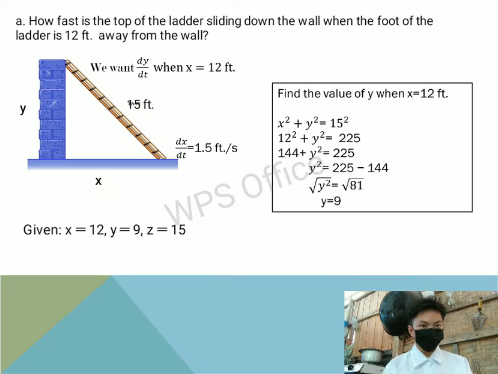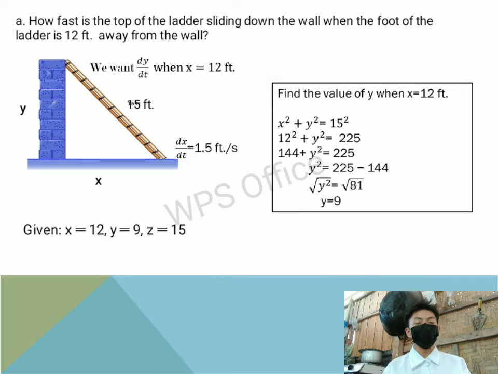So first, we need to find the value of y when x is equal to 12 feet. x squared plus y squared is equal to 15 squared. 12 squared plus y squared is equal to 225. 144 plus y squared is equal to 225. y squared is equal to 225 minus 144. The square root of y squared is equal to the square root of 81, which is 9.